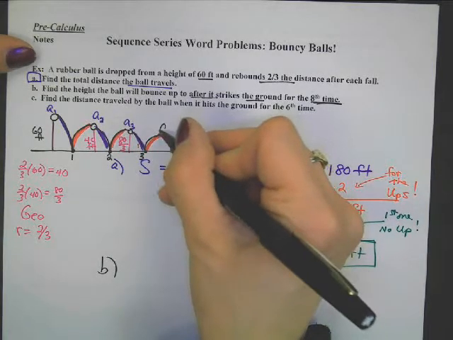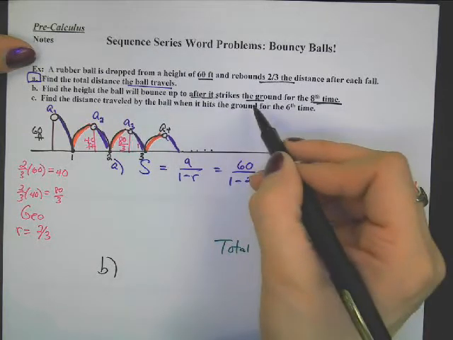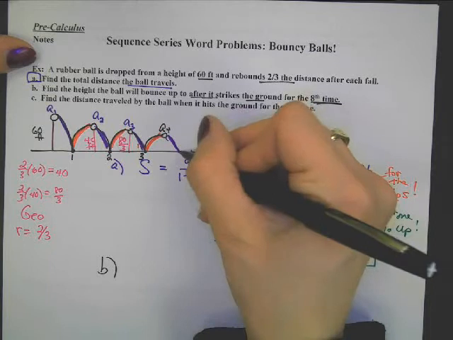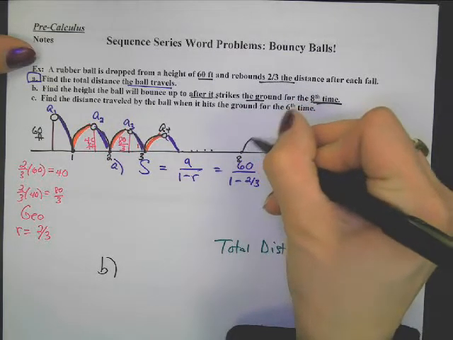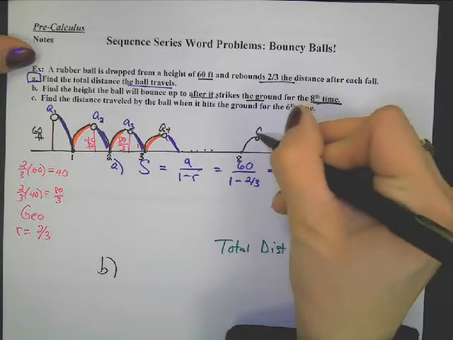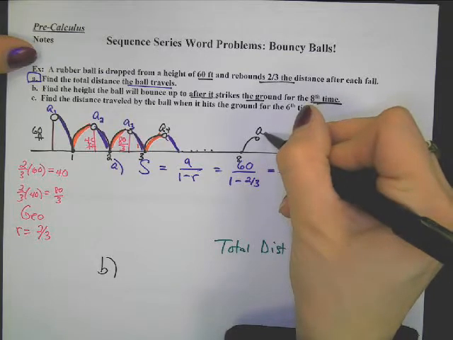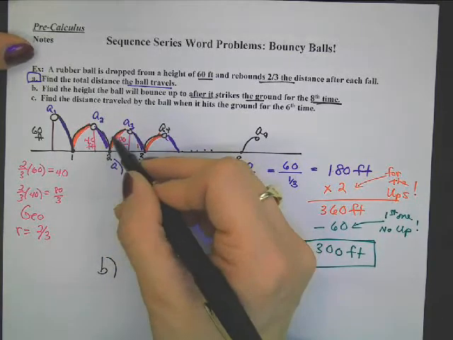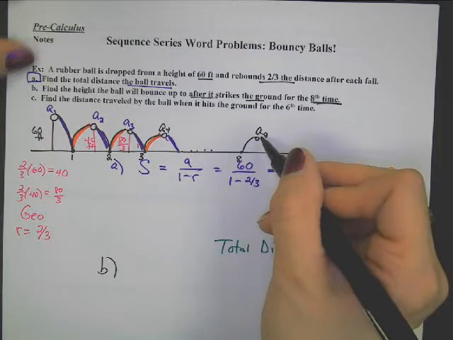It's going to go up to A sub 4. Yada, yada, yada. After it strikes the ground for the 8th time, it's going to go up to A sub 9. The first bounce goes up to A sub 2, the second bounce to 3, 3 goes to 4, 8 is going to go to 9.